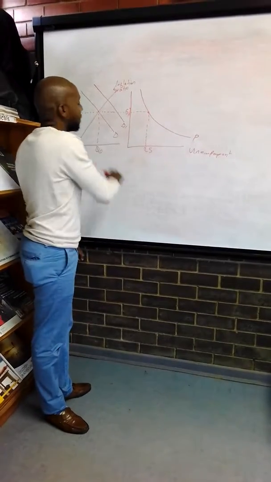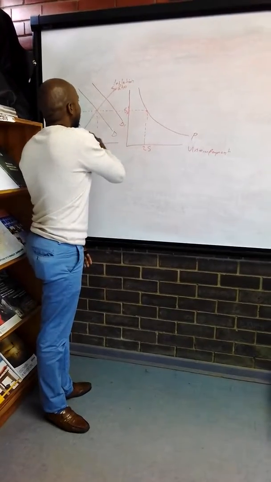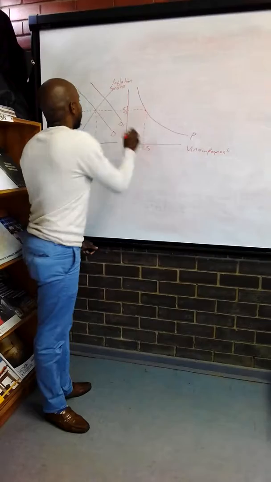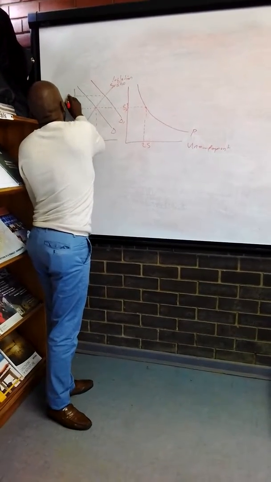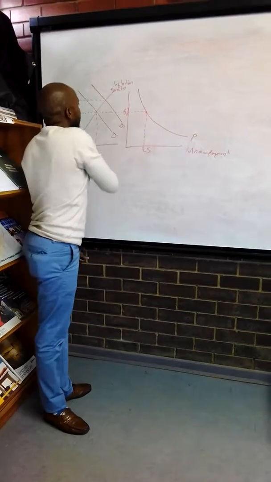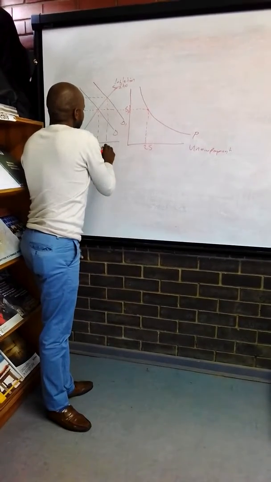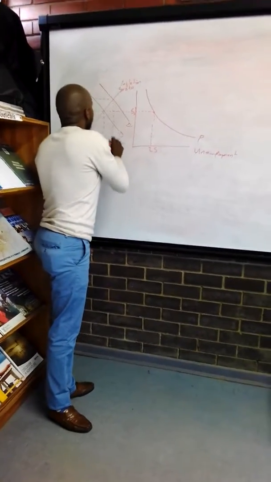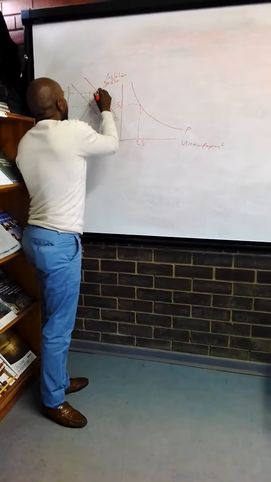What happens to the prices when there is an increase in the demand for goods? The prices increase to, let's say, P2. And the quantity will increase. We can move from A to B.